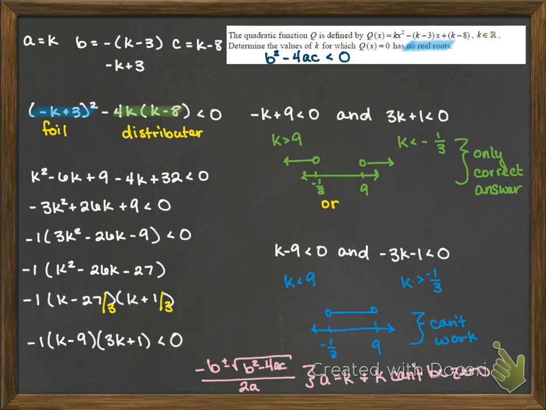If you look at our number line on our blue function, 0 falls between -1/3 and 9, which means that 0 could be within that range, and we know we can't divide by 0, so k can't be 0. So since k is within that range on that given problem, it does not work, so only the top one works in this situation.